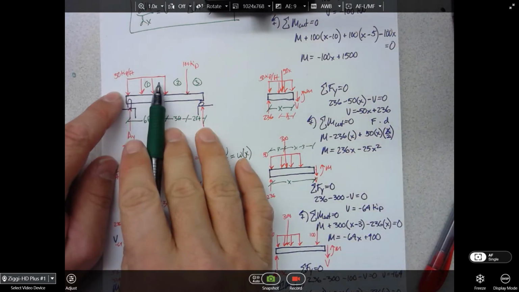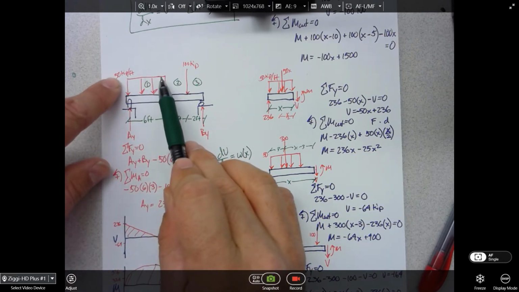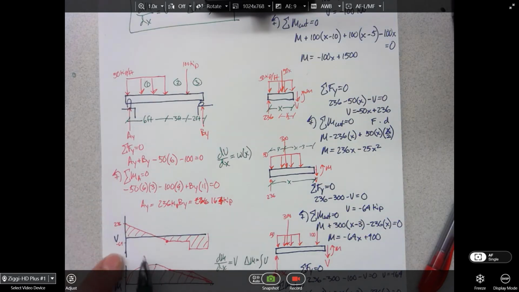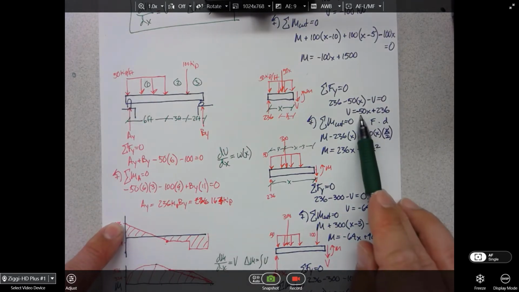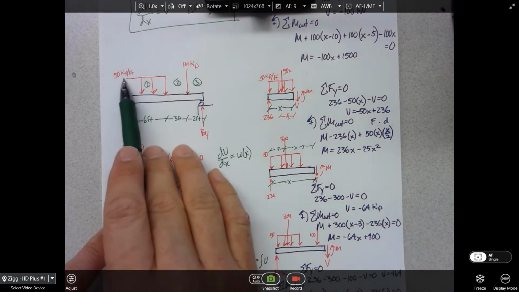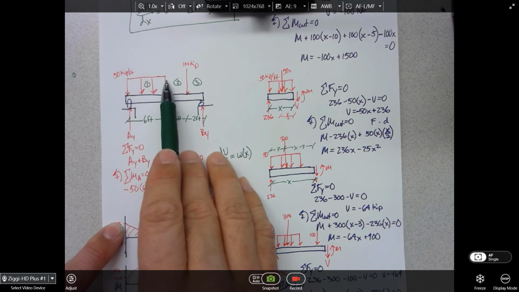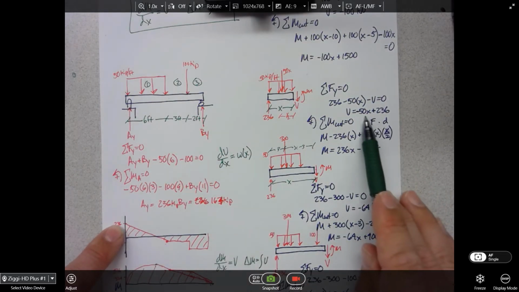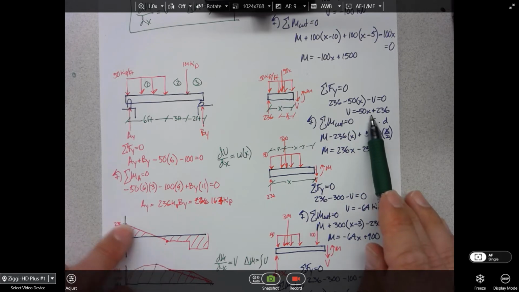So where we have a distributed load, note that this is 50 kip down, so its intensity is 50. The slope of this curve is negative 50. If I have a distributed load that's constant, that gives the shear diagram a slope of that intensity in the negative direction. So it's negative 50 down.